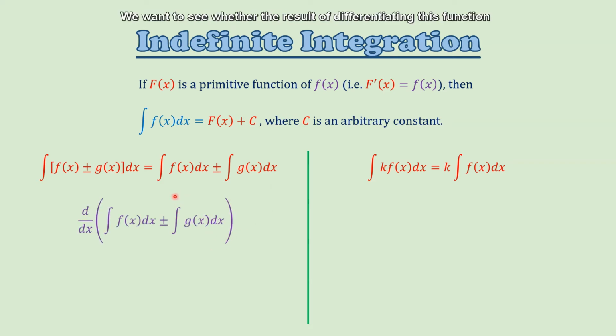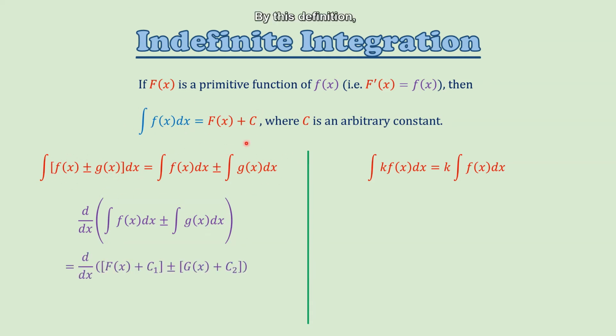The proof of this property is like this. We want to see whether the result of differentiating this function will give us this integrand. By this definition, we can rewrite this integral as capital Fx plus c1, and we can rewrite this integral as capital Gx plus c2. Here we write down 1 and 2 for the constants because the constants may not be equal. For differentiation, we have already learned that we can differentiate the functions one by one if they are connected by addition or subtraction.